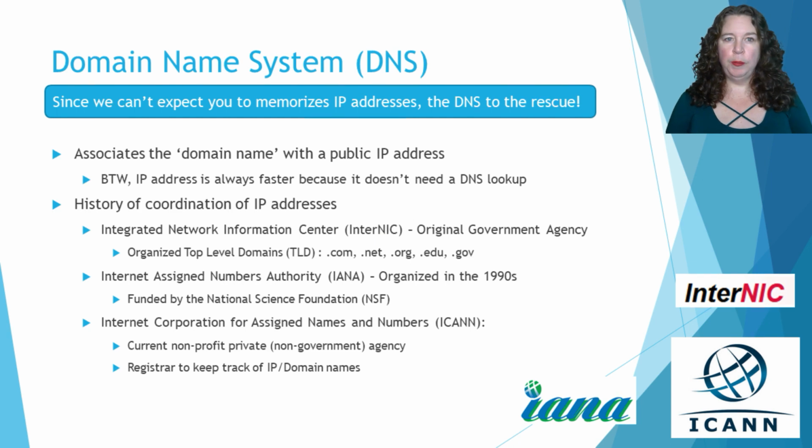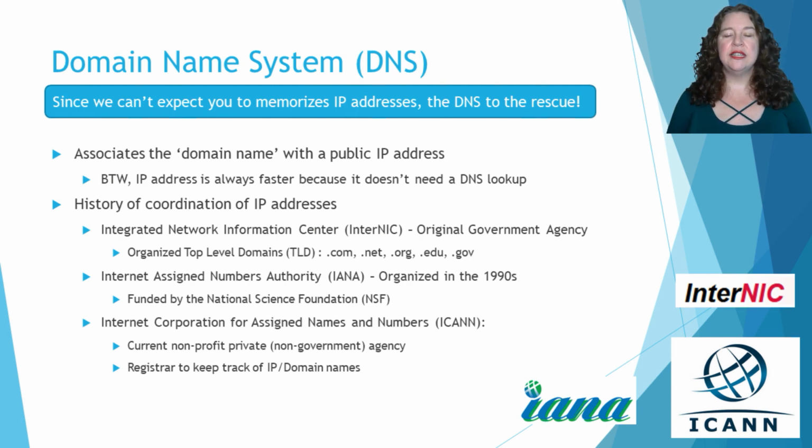So we're going to do a little bit of history for a second on the DNS system. DNS is the domain name system. Obviously, every public site out there has an IP address assigned to it. However, nobody's going to remember the IP address for Google or Amazon or Microsoft. So we don't use those.